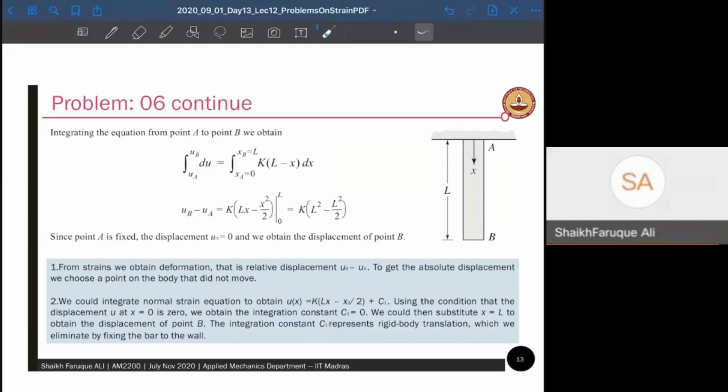But again, there is a word of caution here: you have 3 deformations, one along x, one along y, and one along z, so u, v, and w. But you have 6 strain components, that means epsilon xx, epsilon yy, epsilon zz, epsilon xy, epsilon yz, epsilon zx. Or if you are looking at 2D, then you have 2 deformations, u and v, along x and y directions respectively, but you have three strain components: epsilon xx, epsilon yy, and gamma xy, or epsilon xy.